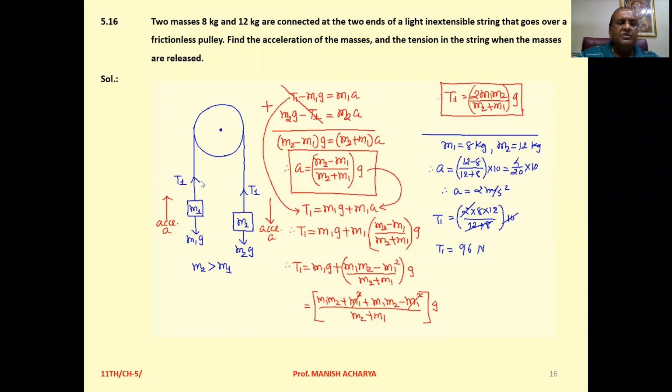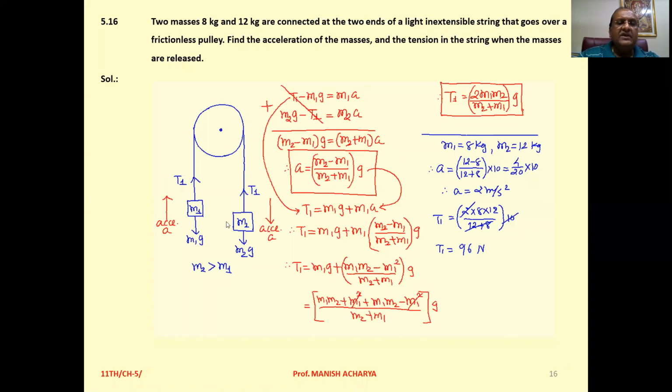Now suppose we prepare the equations of motion. First think about the motion of mass M1. M1 moves in upward direction with acceleration a. So we can write the net force acting on mass M1: T1 minus M1g is equal to M1a.